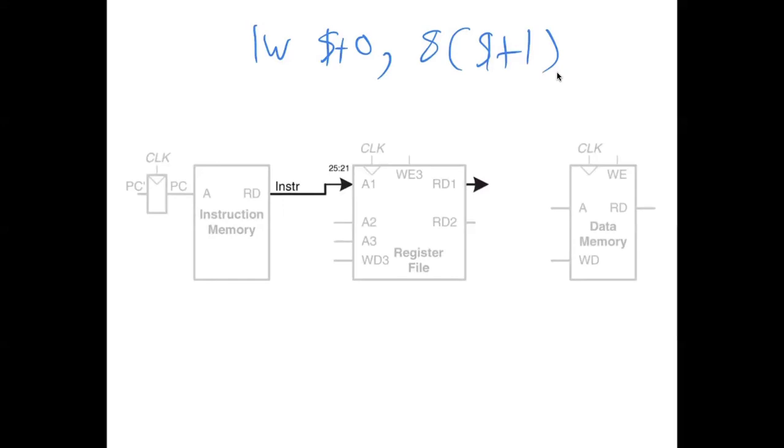So in this case, what this means is load what's in T1, that's our base address, add 8 to it, that combined is the address that we'll be loading from, and put the result in T0. So the first step then is to get that value out of T1. So over here we specify the value for T1, and out of here comes the actual 32-bit value that was stored in the register.